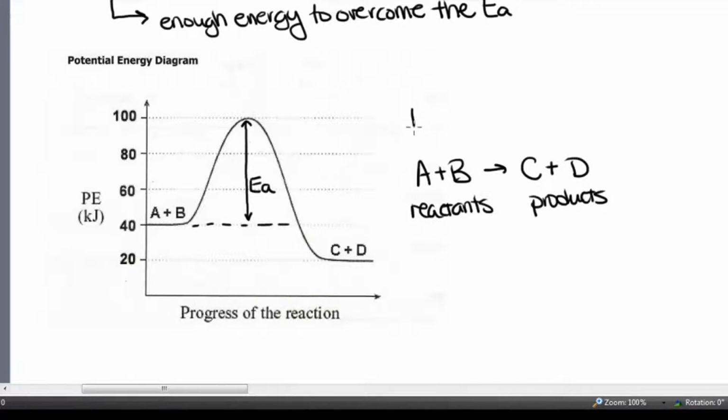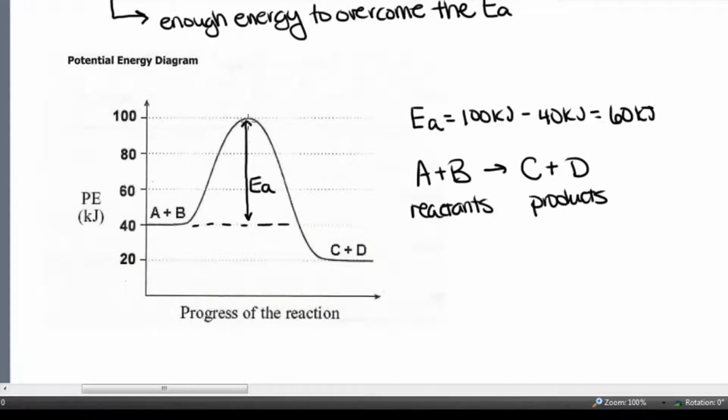So in this case, for this reaction, it has an activation energy equal to 100 kilojoules minus 40 kilojoules. So my activation energy in this case is 60 kilojoules.